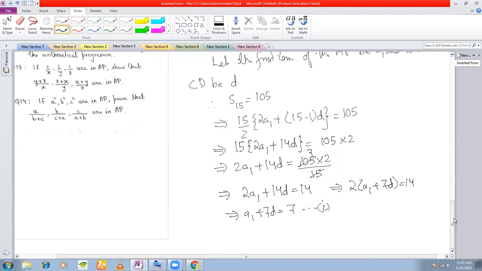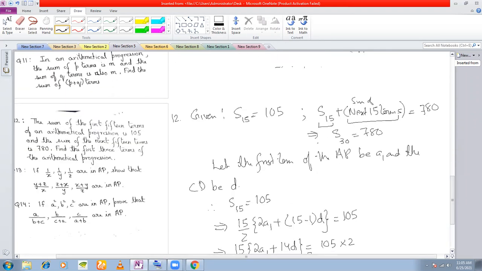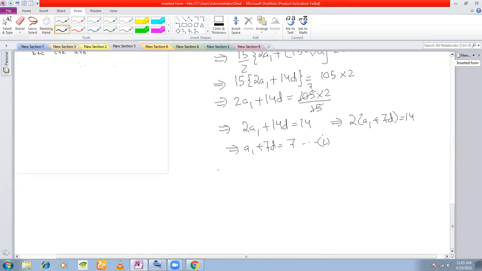Next equation, what is the next condition given? S30 is equal to 780. Now S30 is equal to 780. That means n by 2 into twice A1 plus (30 minus 1) into D is equal to 780.